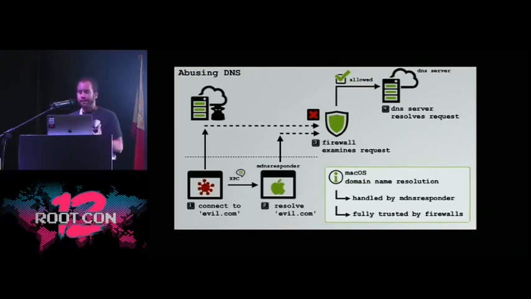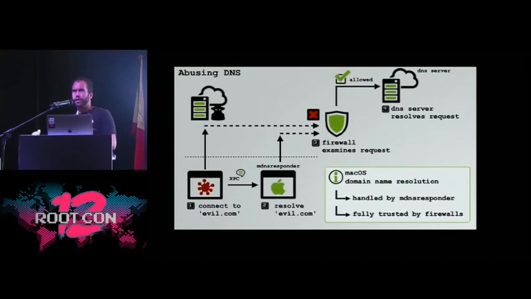On macOS, it turns out that DNS requests are handled by Apple's mDNSResponder daemon. So this means if any application on the system, whether that's your browser or a piece of malware, makes a DNS request to resolve an IP address or a URL, this will actually be handled by a trusted system daemon.